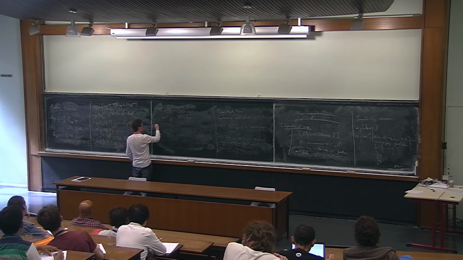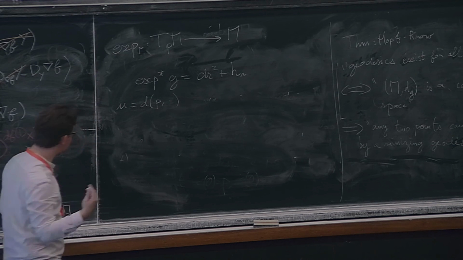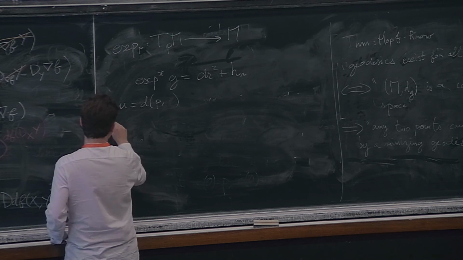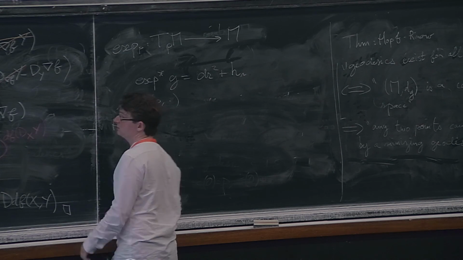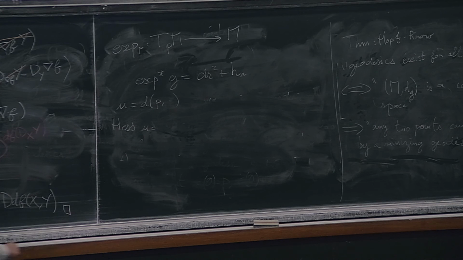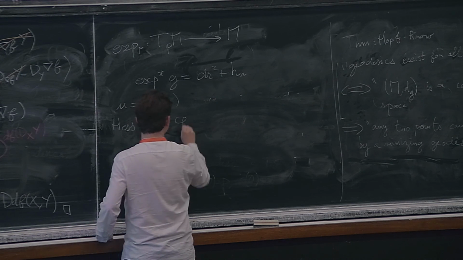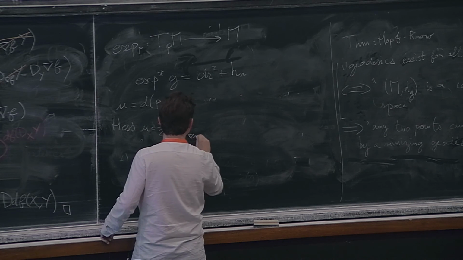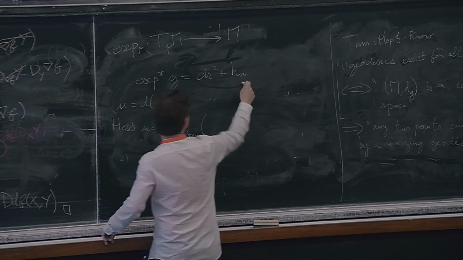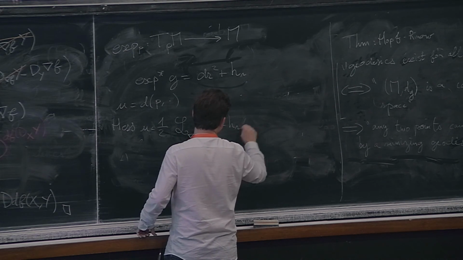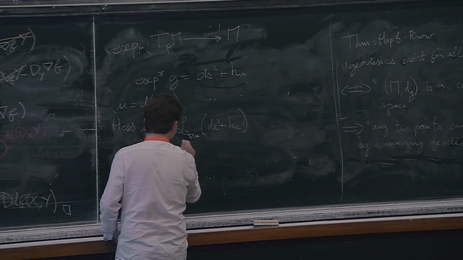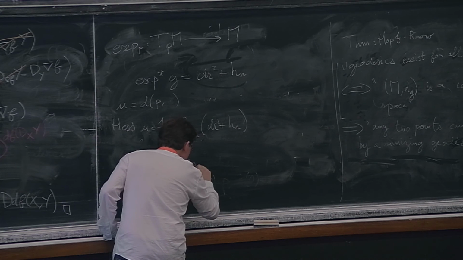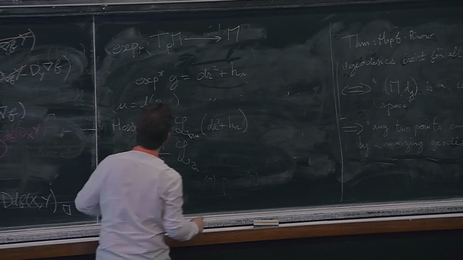So let us once again take u to be the distance from P. And let's look at the Hessian of u. So Hessian of u is equal to 1/2 Lie derivative in the direction of gradient u of g, but g is that guy, dr squared plus hr.